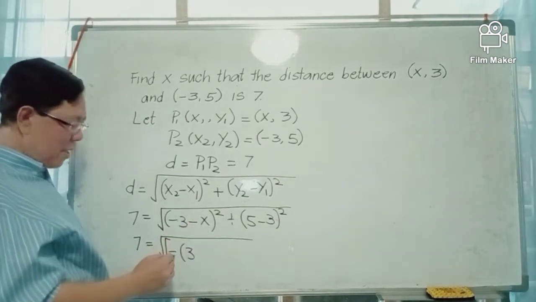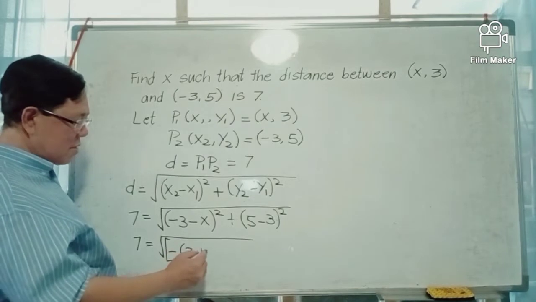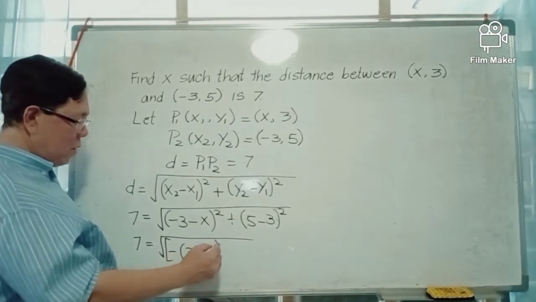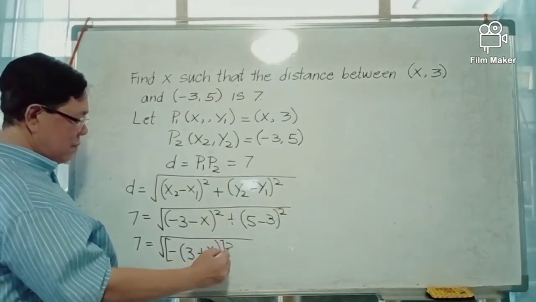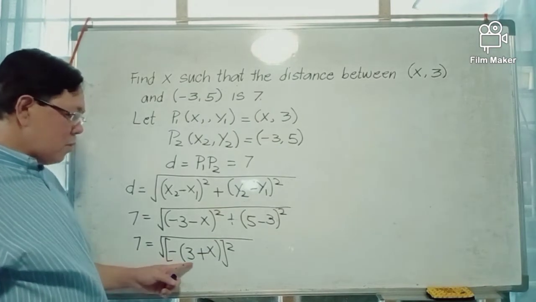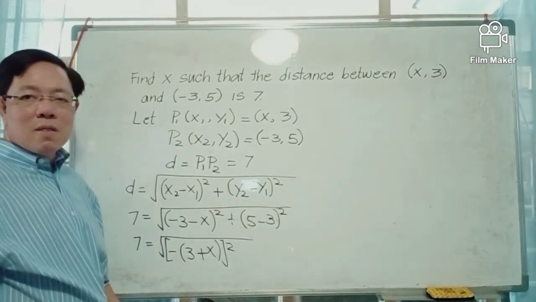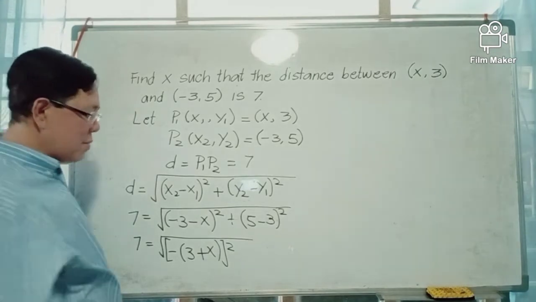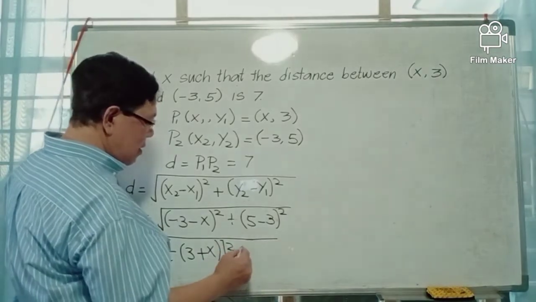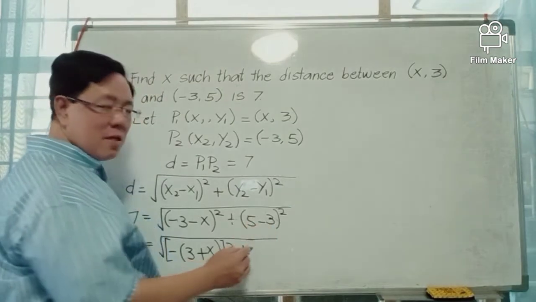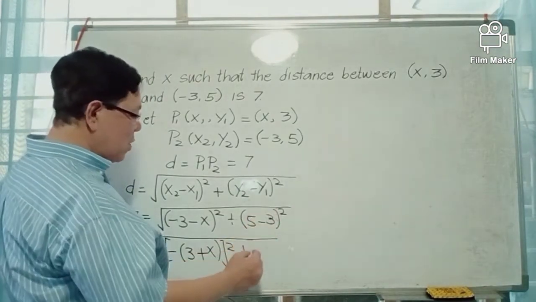Negative x divided by negative is positive x, to the power 2. You may write 3 plus x as x plus 3 since addition is commutative. Plus 5 minus 3 is 2, to the power 2.